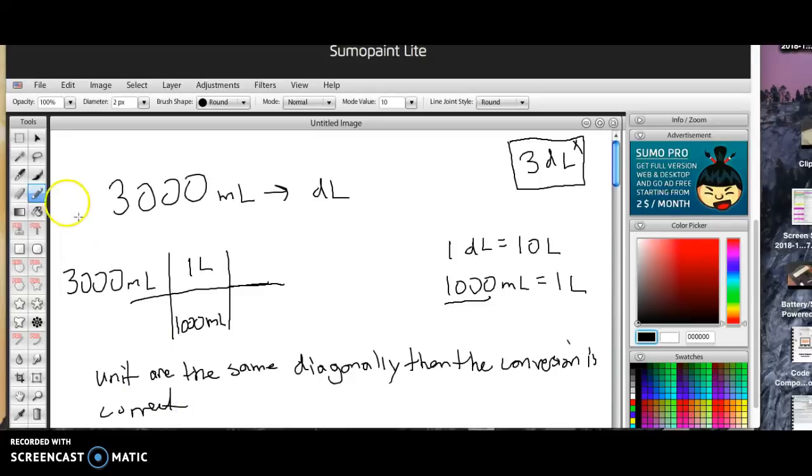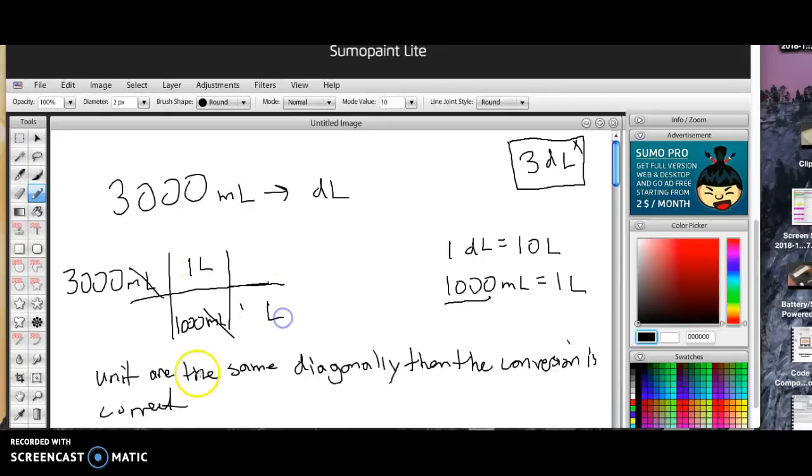All right, I had to write that out just so you can hear that if the units cross out diagonally, then the conversion is correct. Okay. All right, so do they cross out diagonally? Yes, because they match.